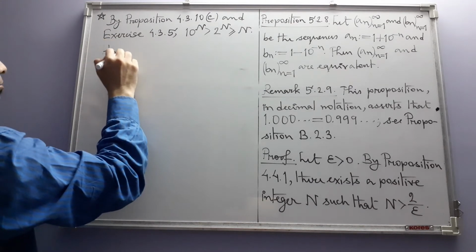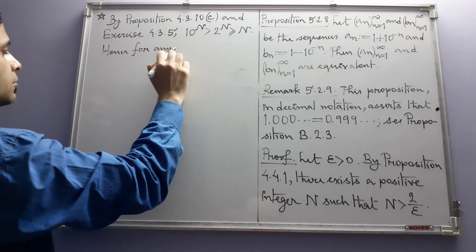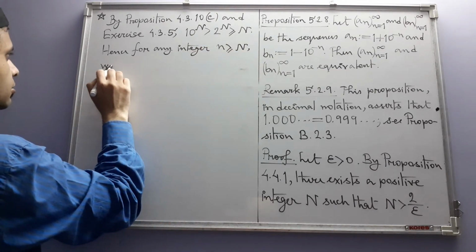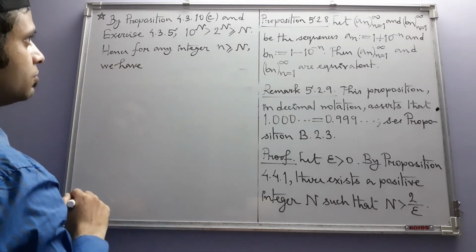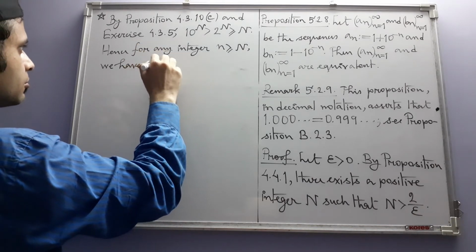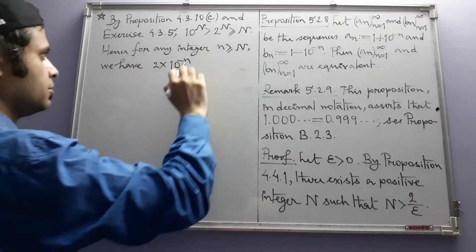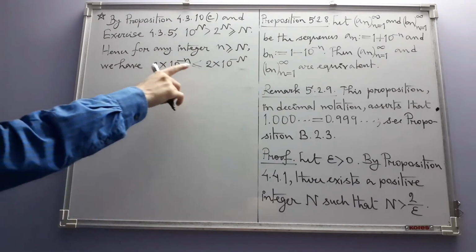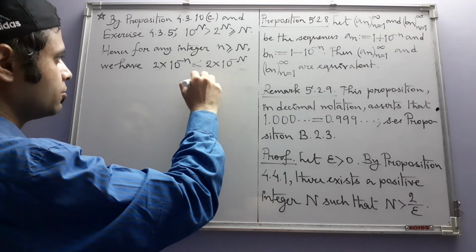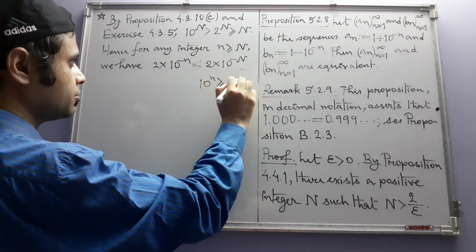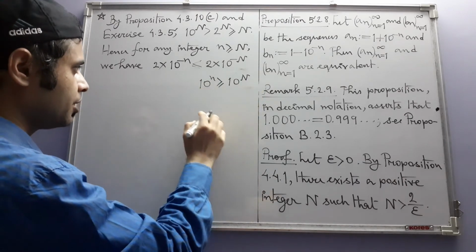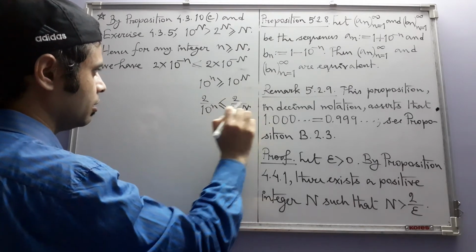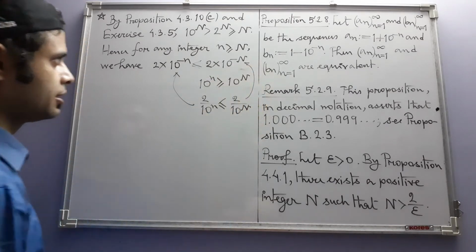Hence, for any integer n greater than or equal to N, we have what? 2 times 10 to the power minus n is less than or equal to 2 times 10 to the power minus N. Here what we have done, we have again used this proposition 4.3.10 C to conclude this. 10 to the power n is greater than or equal to 10 to the power N. Now if you take reciprocal and multiply both sides by 2, you will get 2 divided by 10 to the power n less than or equal to 2 divided by 10 to the power N. This one is this and the right hand side is this.